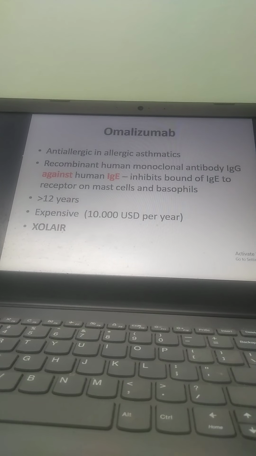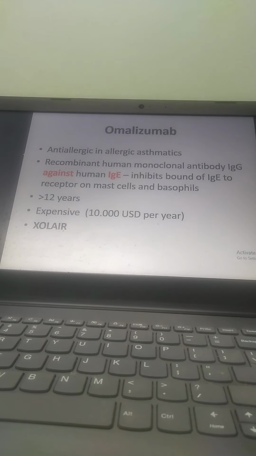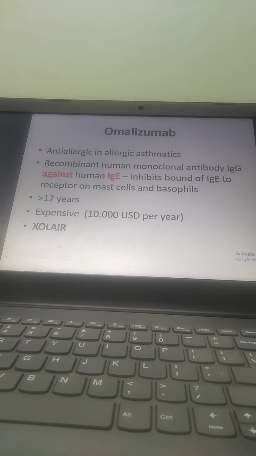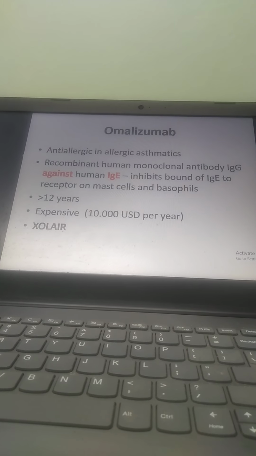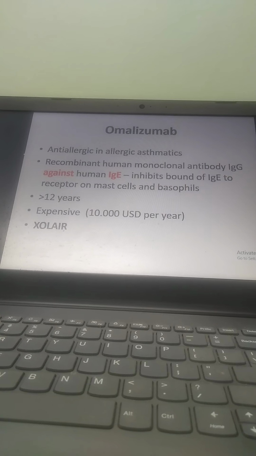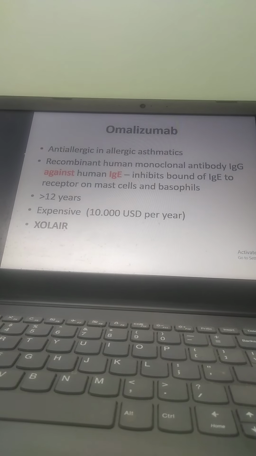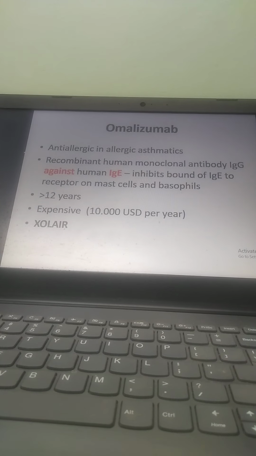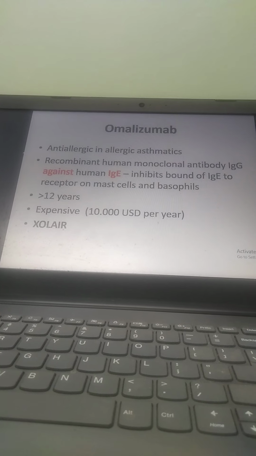Omalizumab, anti-allergic in allergic asthmatics, is a recombinant human monoclonal IgG antibody against human IgE. It binds IgE, blocking its receptor on mast cells and basophils. It acts for more than 12 hours. Expensive, it is $10,000 per year. It is very costly.